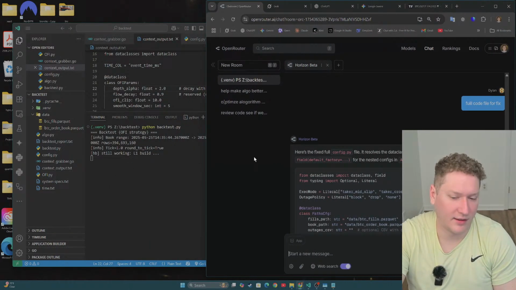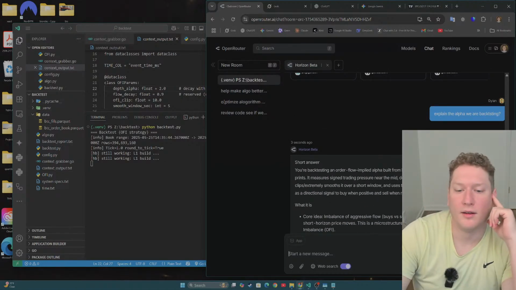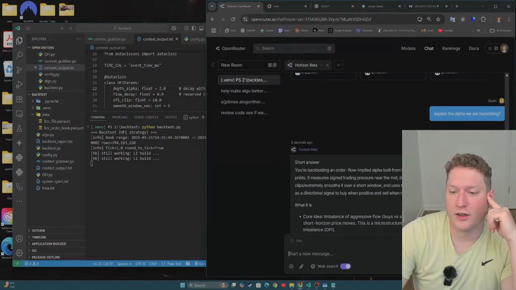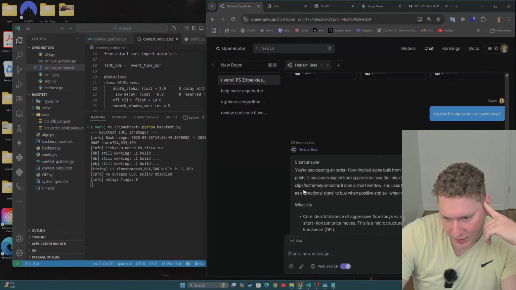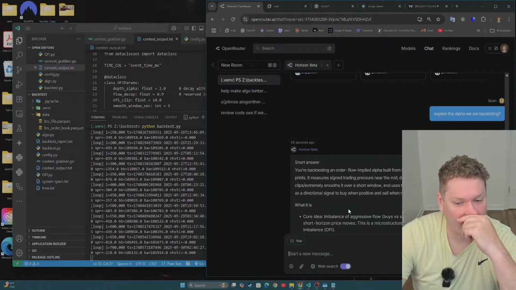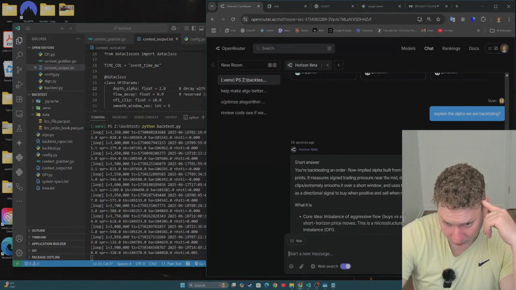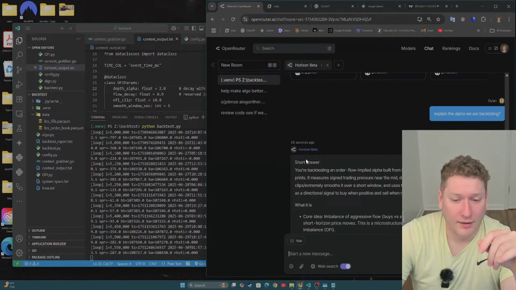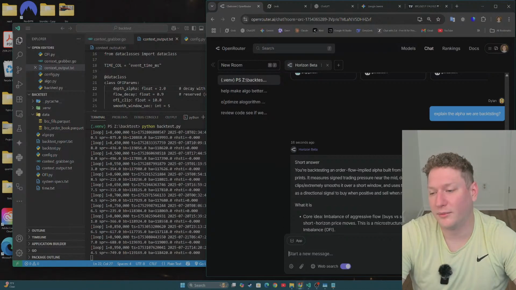What kind of alpha is this? What kind of edge are we testing here? You're backtesting an order-flow-implied alpha built from level 1 book plus trade prints. Okay, so that's not what I want. I already know for a fact that I don't want to look at just level 1. I want at least 5 levels. Multi-level order flow imbalance, for sure.